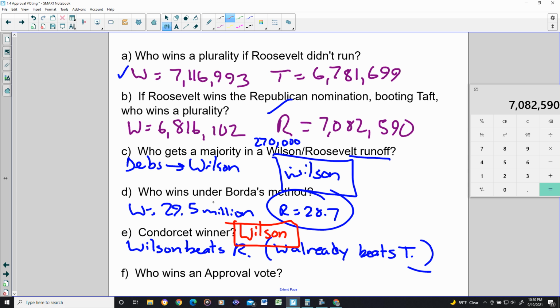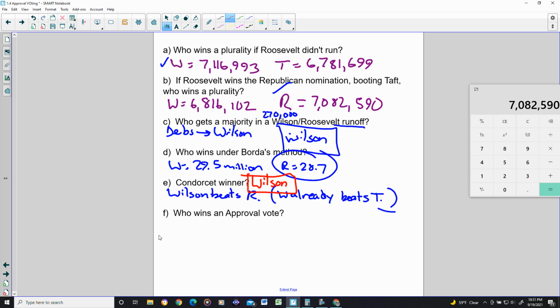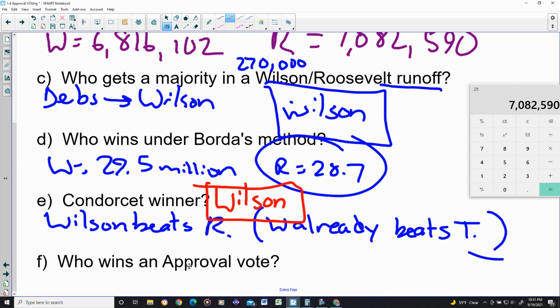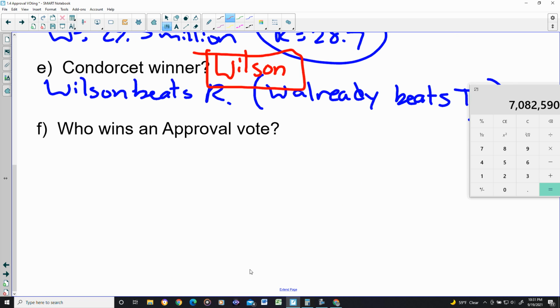All right. So this is the last one that we have to do here. So in an approval vote, in this particular case, with the approval vote, we have, can I do, so view, zoom entire page, let's do page width. Okay, so let's scroll down here. Who wins in an approval vote?